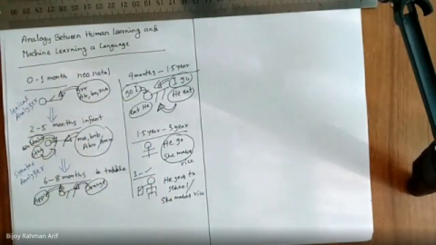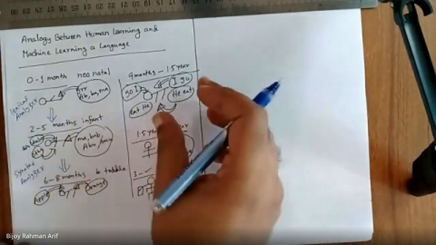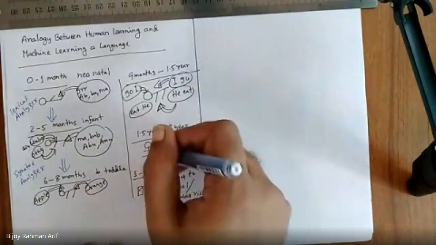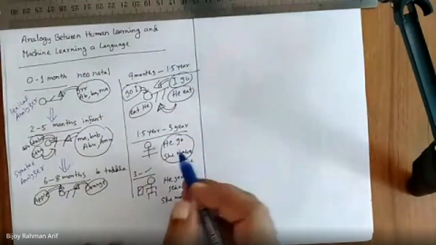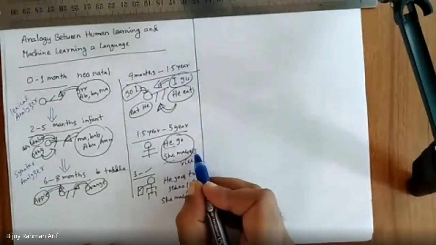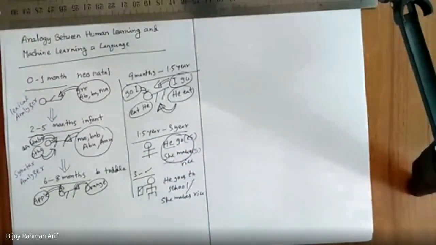So after the syntax analyzer, it has the idea that this token should be after this token. Maybe contextually those tokens are not correct. The same way, the infant or baby does not know he and she are third person singular, so we should put some S over here, we should add some ES over here. Please remember, the syntax analyzer does not understand the context.